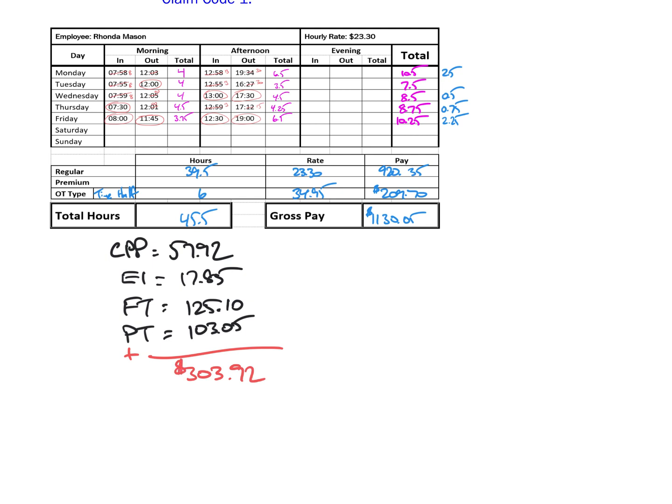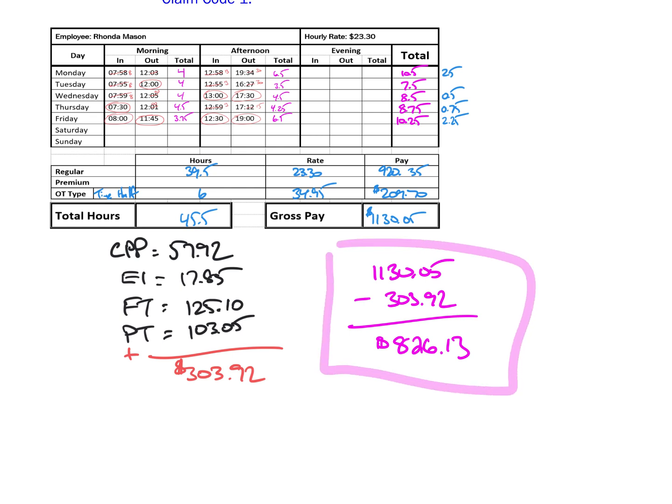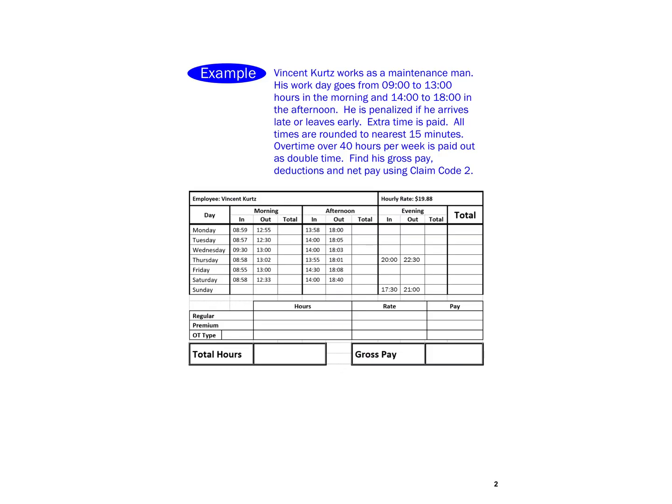So to figure out Rhonda's net pay, we would take $1130.05, subtract $303.92, and we get a net pay of $826.13. That is Rhonda's net pay. Okay, next example.